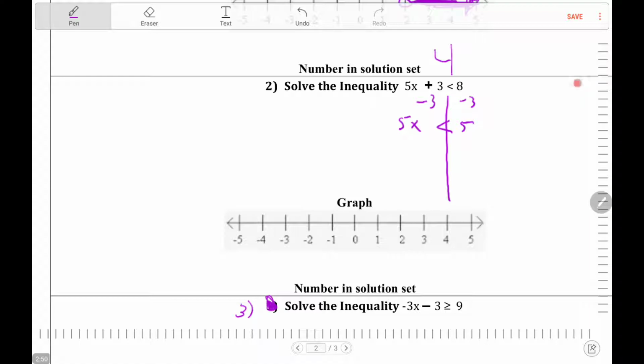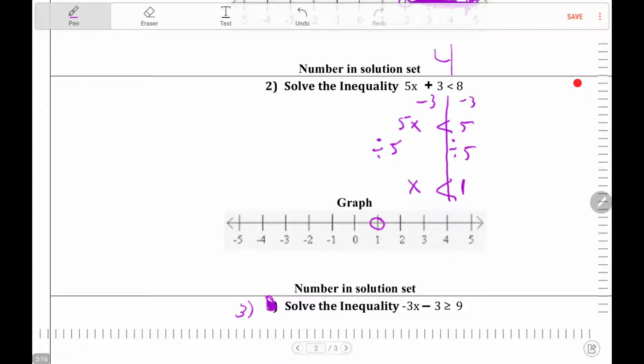Okay, what's our next inverse operation? We always end up dividing by this coefficient, right? So divide by 5. 5 divided by 5 is 1. 5x divided by 5 is x. Did we divide by a negative? Nope, this is a positive, so the sign stays the same. X is less than 1.